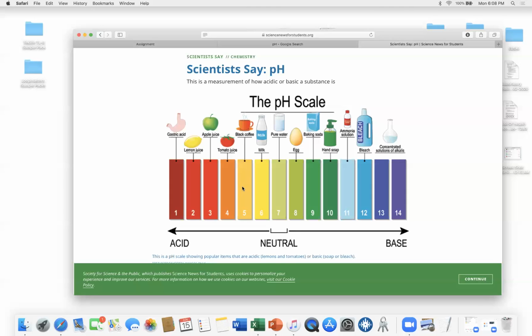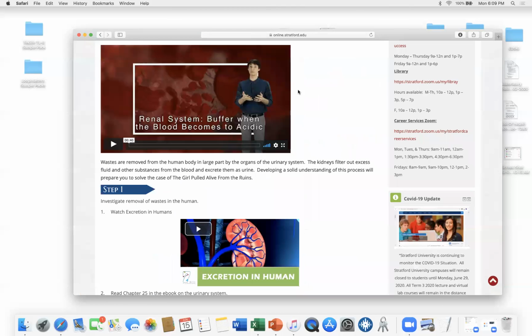Sodium bicarbonate has a lot of OH minuses, and that is a buffer that will slowly move your pH towards the middle. Okay, and this is a big deal when you go to your pathology class, for you nurses in the audience.